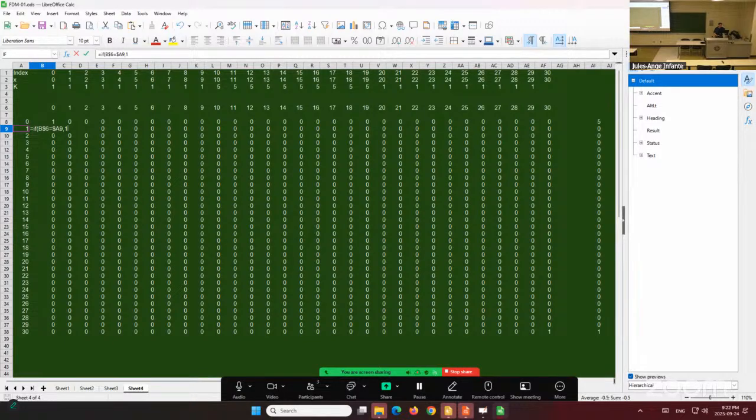Else, if this with a fixed row is equal to this one with a fixed column minus 1, then we say that it's this minus B3, so the first one divided by a sum of the two consecutive ones.